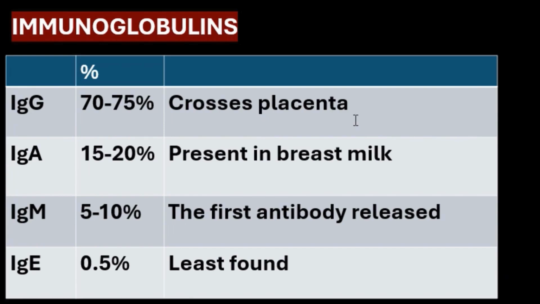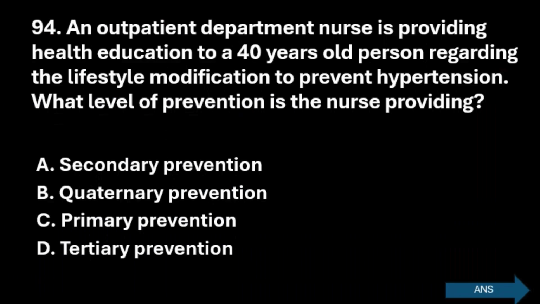It can cross the placenta. That is a feature. IgA is 15 to 20%. It is present in breast milk. That is a feature. Immunoglobulin M is the first antibody released. It will be found 5 to 10%. And IgE is very less in amount. It is 0.5%.